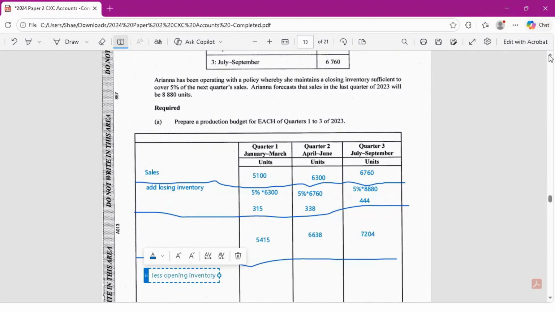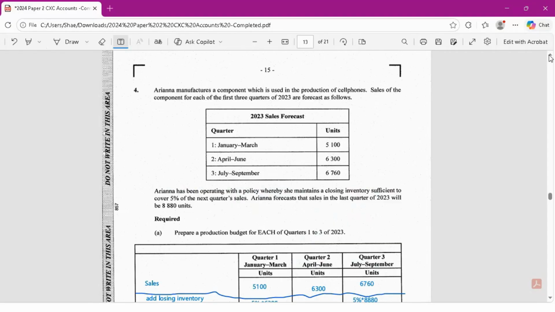So for opening inventory, the information was also provided.